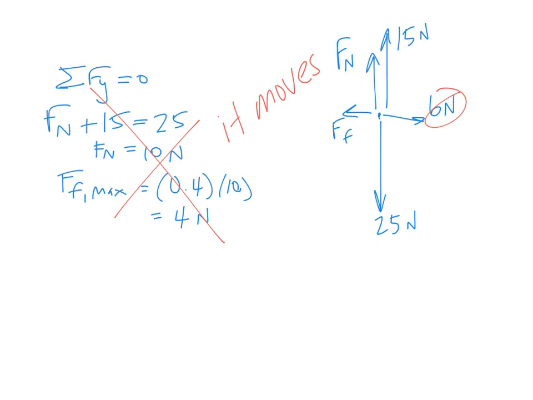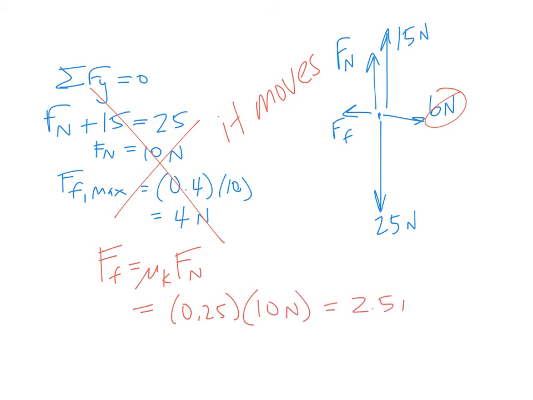So what I have to do is, because it moves, I switch to frictional force equals the kinetic value of mu times normal. Since that is 0.25 times, and my normal force doesn't change, it's still 10 newtons, then my frictional force is going to be 2.5 newtons.